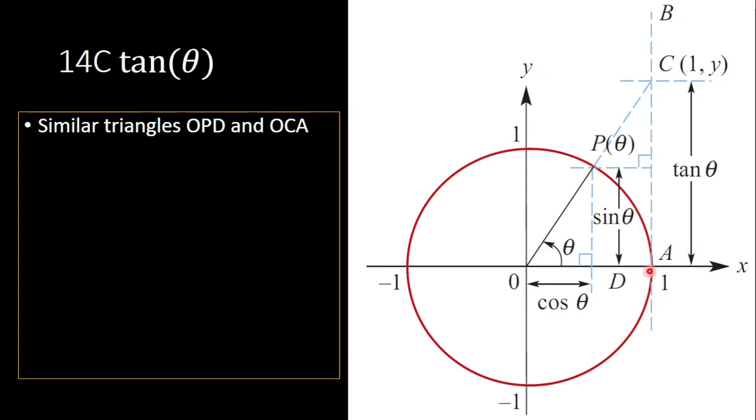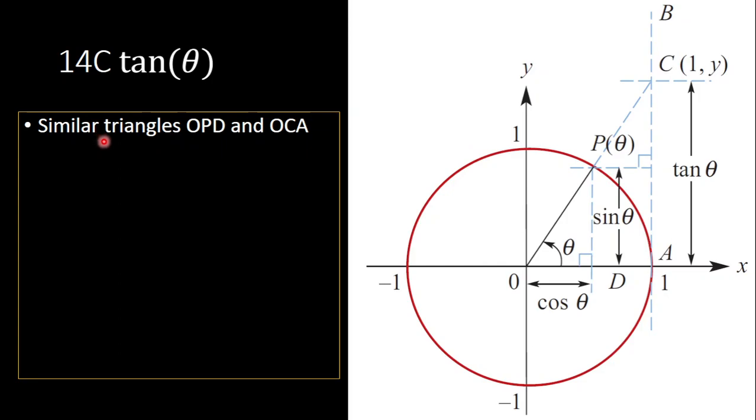Now those two triangles are of a different size, but all the angles are the same. They both have an angle theta, they both have a right angle here, and that third angle has to be the same. Therefore, the triangles are similar.